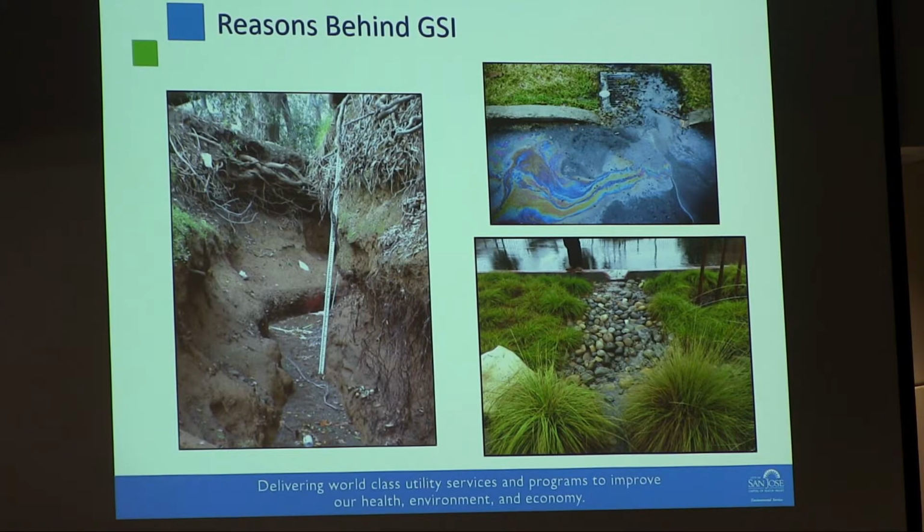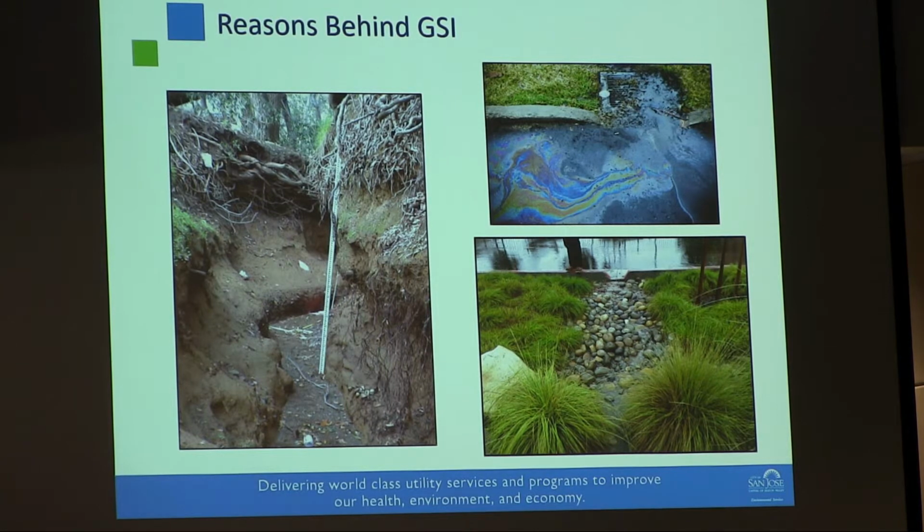So again, some of the reasons behind why we do green stormwater infrastructure. You can see on the left, there's a severely eroded stream, and that was caused by a change in the hydrology of the watershed due to increased urbanization in the watershed and increased runoff and peak flows in the creek.